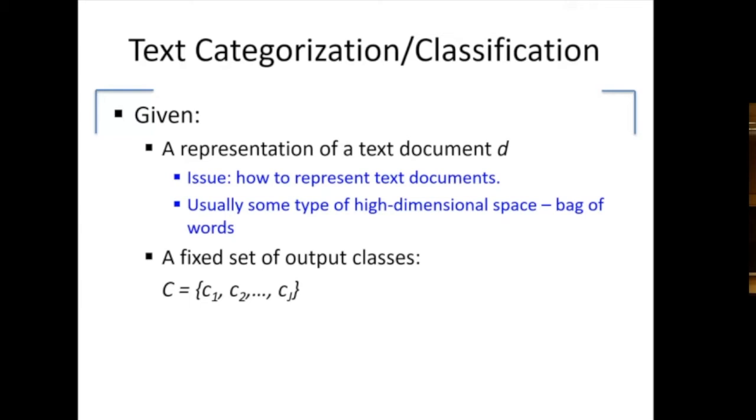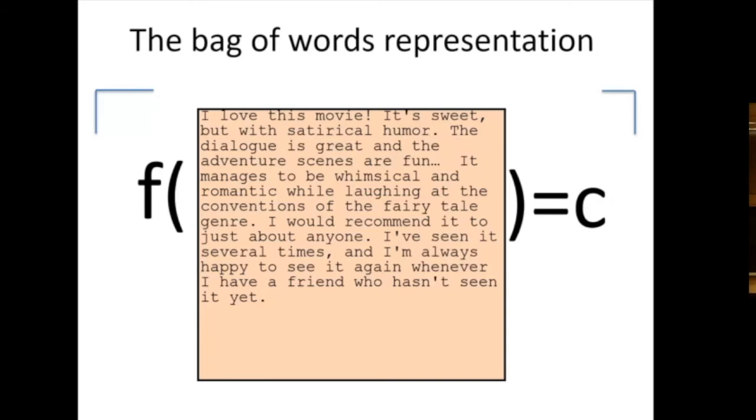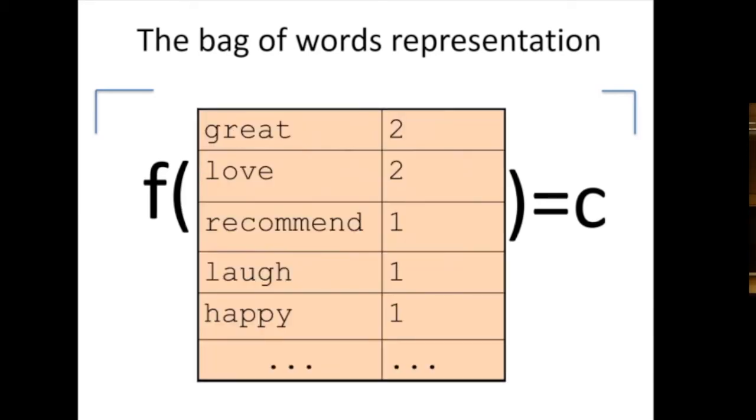In the end, the most classic representation is called the bag of words representation. So that's the problem: you want to classify this article or this piece of review into a class, and this is how you truly represent it to a classifier.